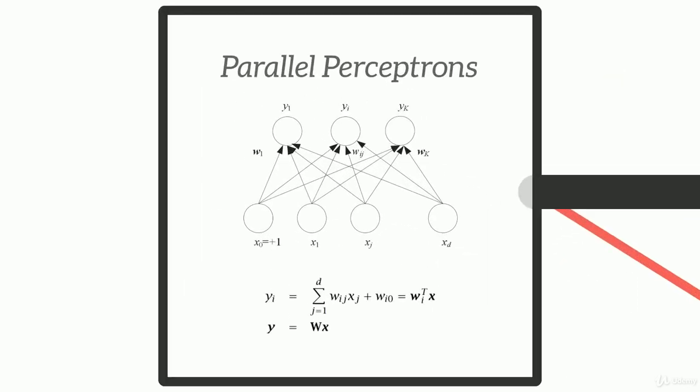So in parallel, perceptrons actually gain their power. K parallel perceptrons here, with the inputs and outputs, are going to each have individual weight vectors. So now we don't just have one weight vector, we actually have one for each output.